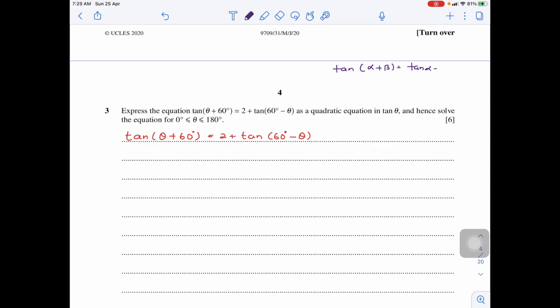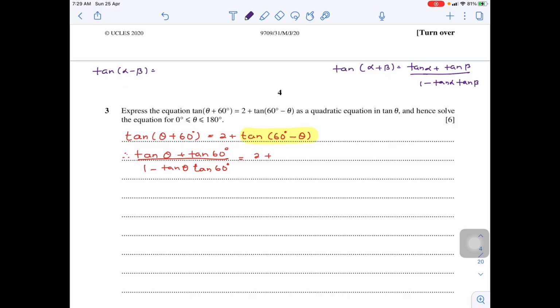What I know is that tan(alpha + beta) is tan alpha plus tan beta over 1 minus tan alpha tan beta. Here alpha is theta and beta is 60, so that's tan theta plus tan 60 over 1 minus tan theta tan 60.